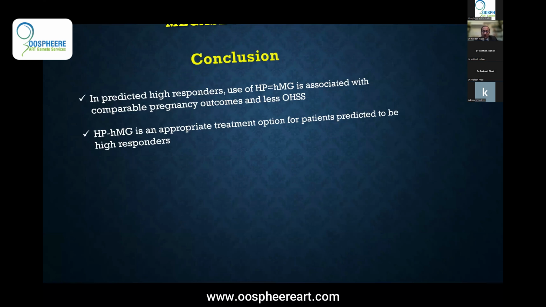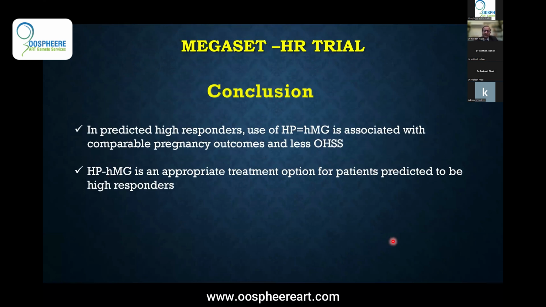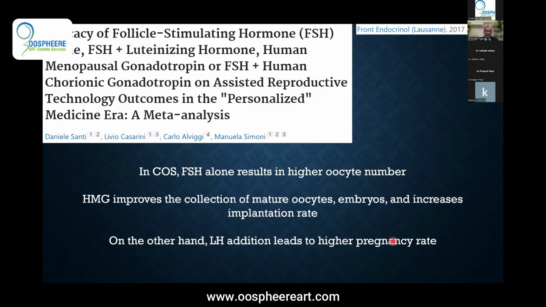So they concluded that in all predicted high responders, who will probably give more than 15 oocytes, whether you use HPHMG or recombinant FSH, it will not have an impact. There is a slight advantage of a lower incidence of OHSS with HMG. So you can use HMG, highly preferred as an appropriate treatment option.